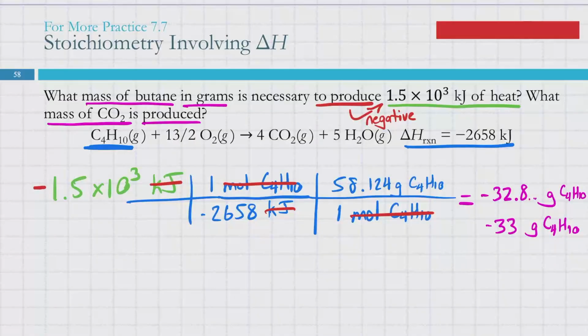So one way that we can solve this is add a negative at the front, or we can also just think to ourselves, we can't have a negative amount of grams, so it must be the positive amount of grams instead. And that would also work. So I let us have that mistake intentionally to show us that this can happen to us. If you get negative grams, probably you just forgot a negative somewhere, make it positive grams.